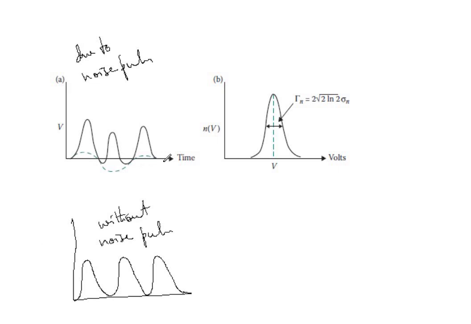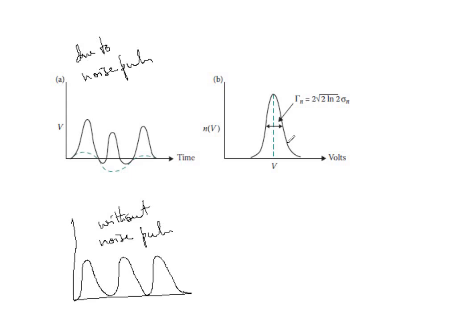And the pulses, this is what I have shown you. I have shown you here the pulses which are superimposed on the noise, as a result of which they show a distribution with a width that depends on the standard deviation of the noise.